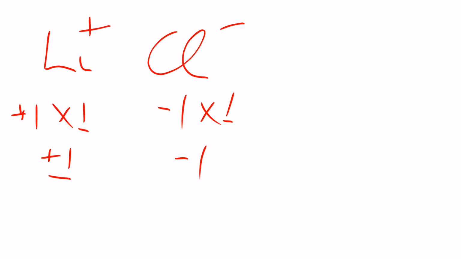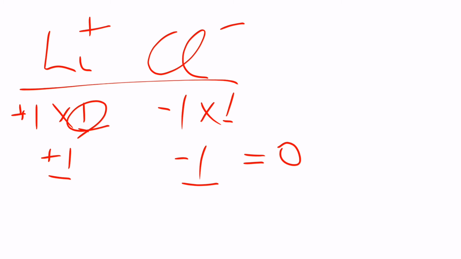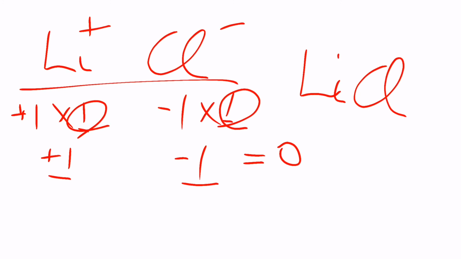So if we add this one and this one, what do we get? We're going to get 0. So this tells us that to combine these, the formula, we're going to have 1 lithium and 1 chloride. So here it's when we are using the charges. So then this one gives us lithium and chloride. So this is the formula for lithium chloride.